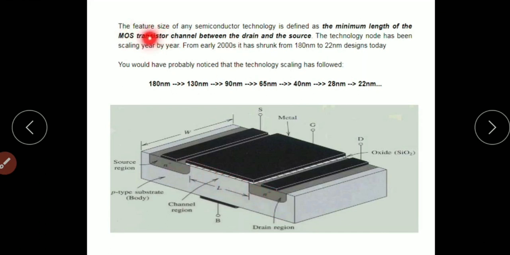So here the definition of feature size is given as: the feature size of any semiconductor technology is defined as the minimum length of the MOS transistor channel between the drain and the source. Here it is shown that the channel length keeps decreasing. Okay, so 180 nano, 130 nano, 90 nano, like that, now 7 nanometers is running, and work is going on for 5 nanometer technology.